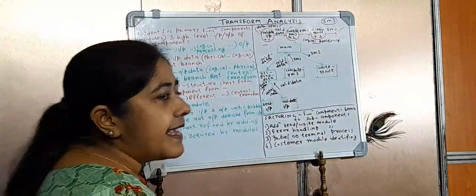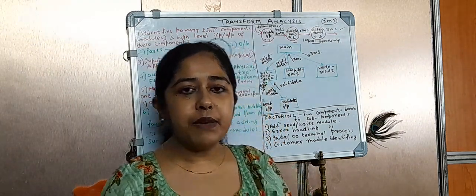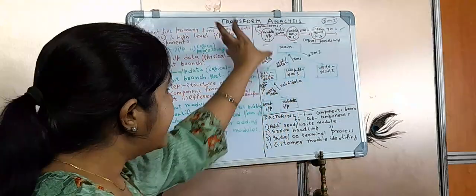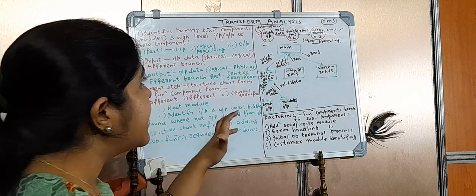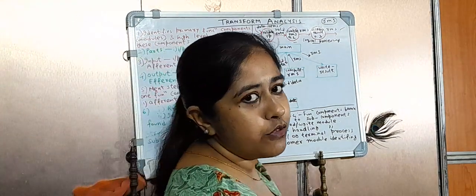Now in this case, what is our input? What are we describing about the input, what are we getting from the input? As we have already seen, we are going to focus on the primary functional components, that are our modules.